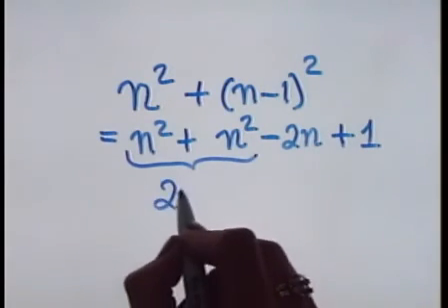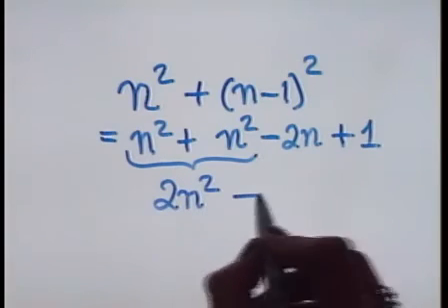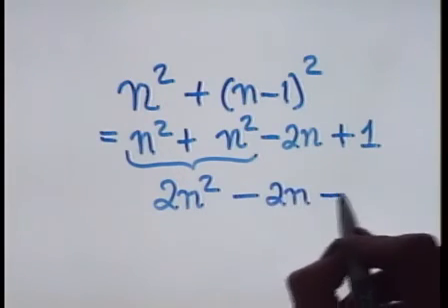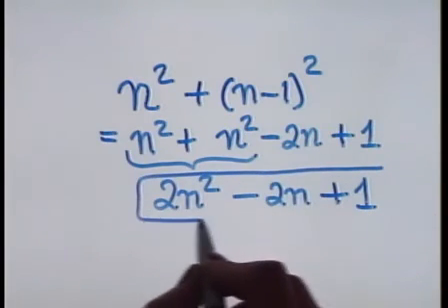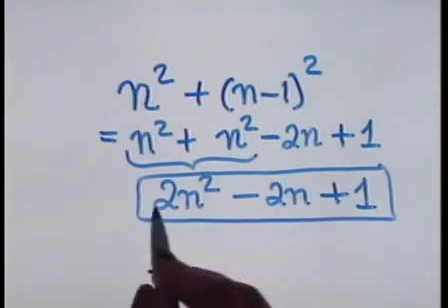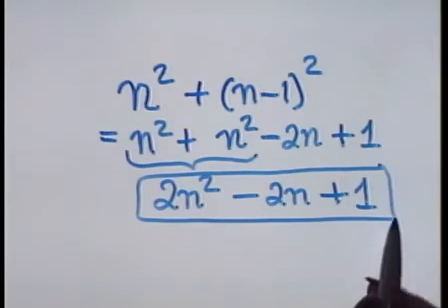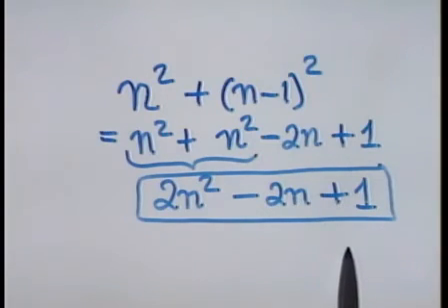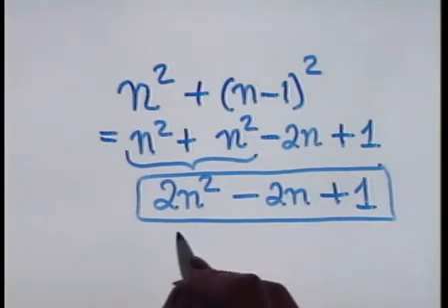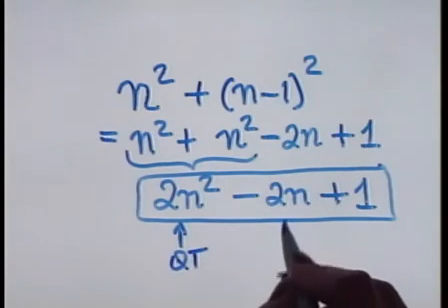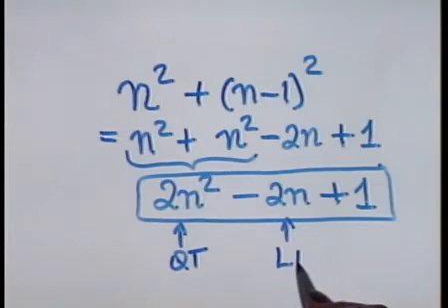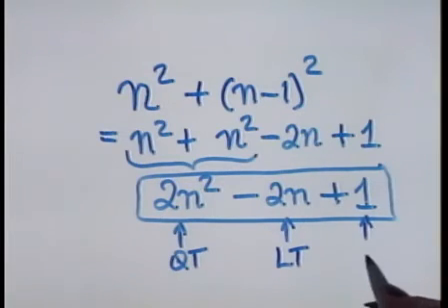That gives me 2n squared minus 2n plus 1. Here is the quadratic expression, which is our third quadratic function of today. Let me point out that this is again the quadratic term. This, as always, is the linear term, and this is the constant term.